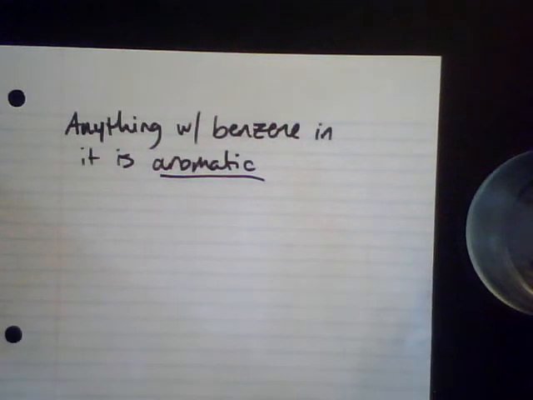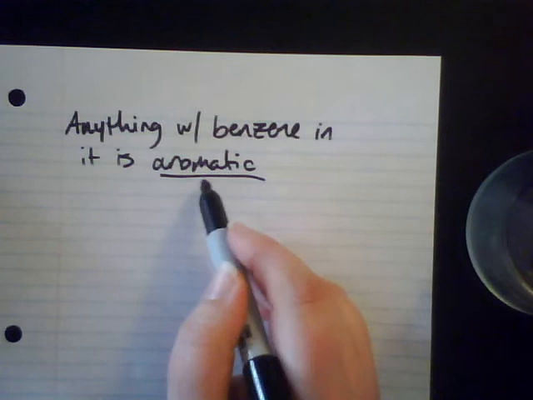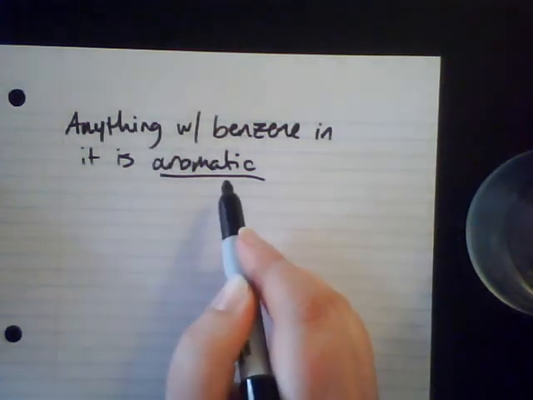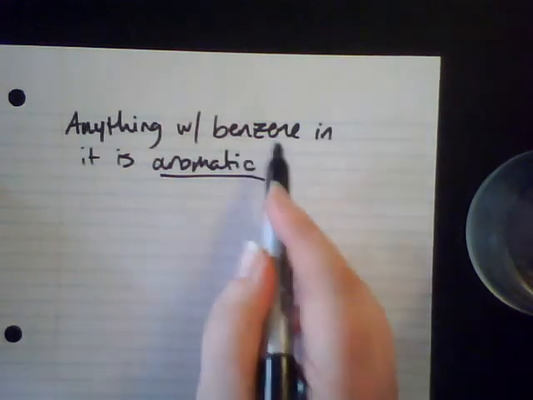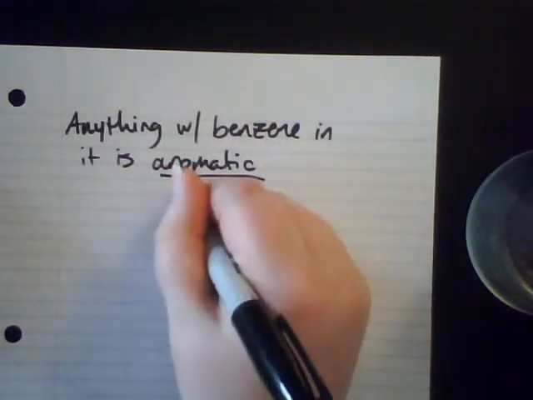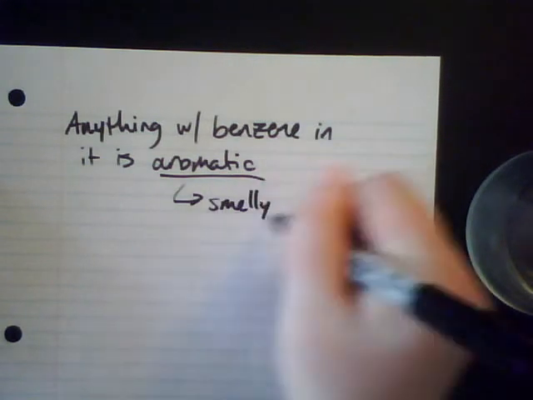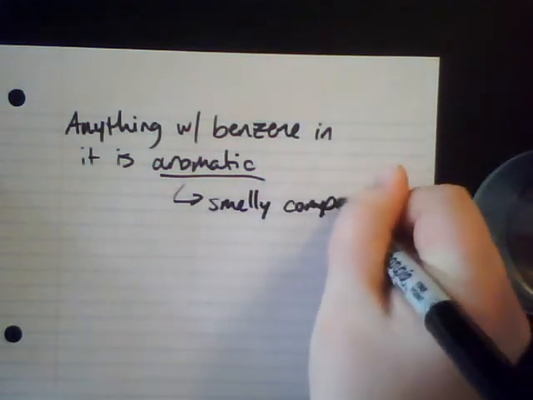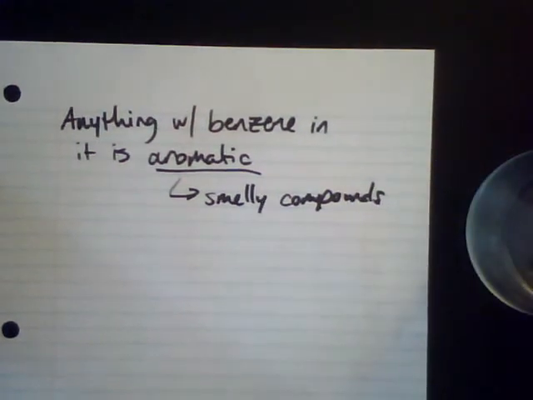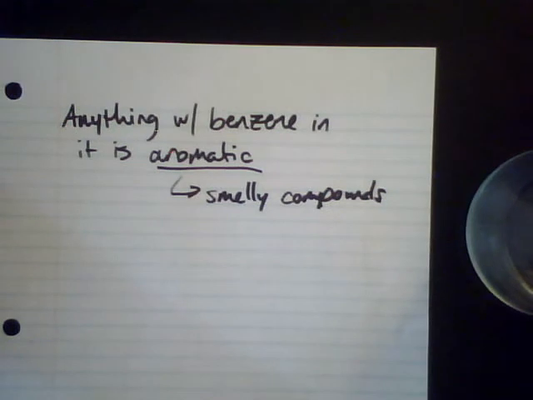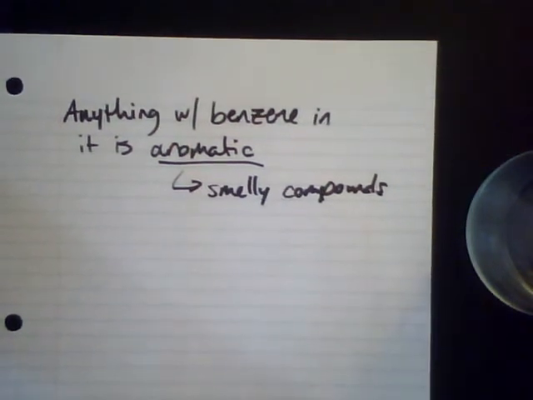And the reason that they originally named compounds with benzene as aromatic is because this comes from the word aroma, right? And aroma means smells of some sort or scents. And so they found that a lot of things that contained benzene had smells, for good or for bad. Now it turned out that this wasn't always the case, but the name stuck. So anything that has a benzene in it is an aromatic compound.